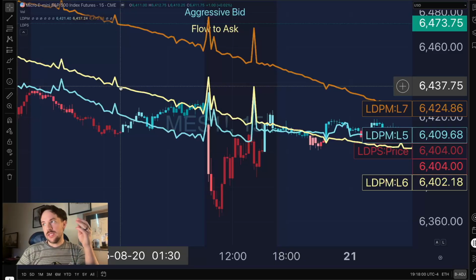The cool thing is that we can actually identify these instances, or, to be mathematical, we can identify these areas of high probability of bull trap or bear trap-ness.